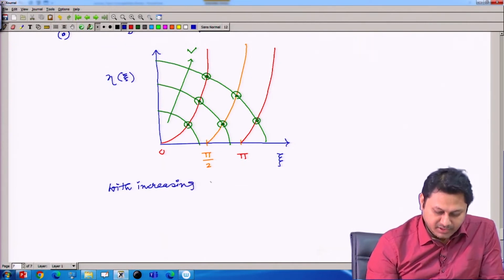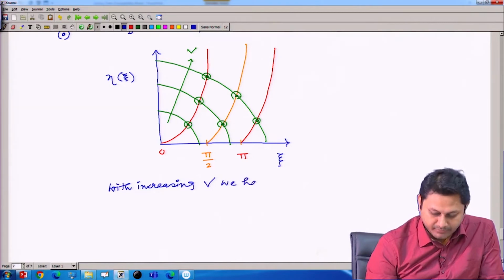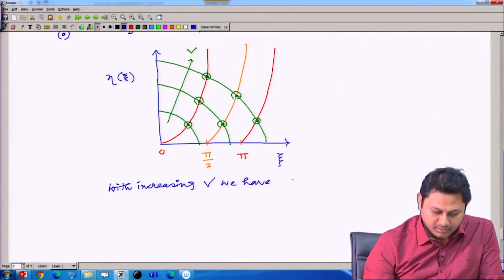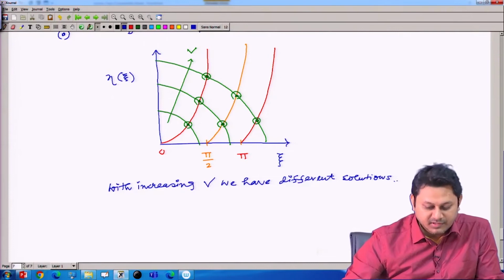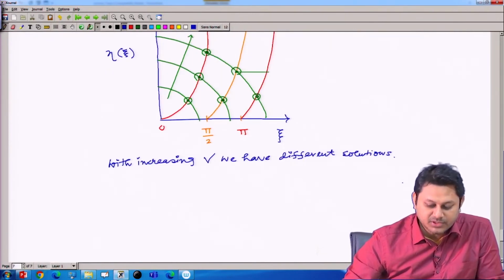With increasing V, we have different solutions. With increasing V, I have a different solution in terms of xi or different solution in terms of beta.